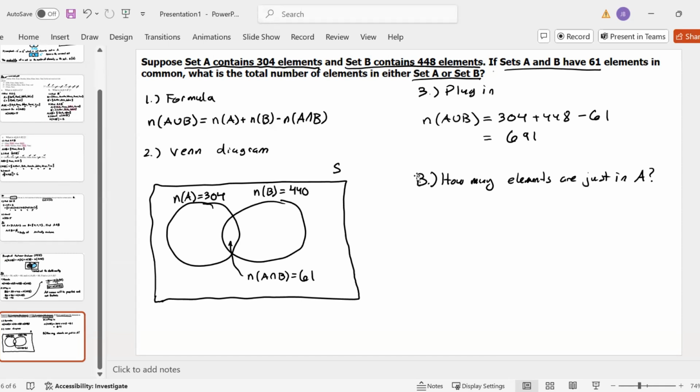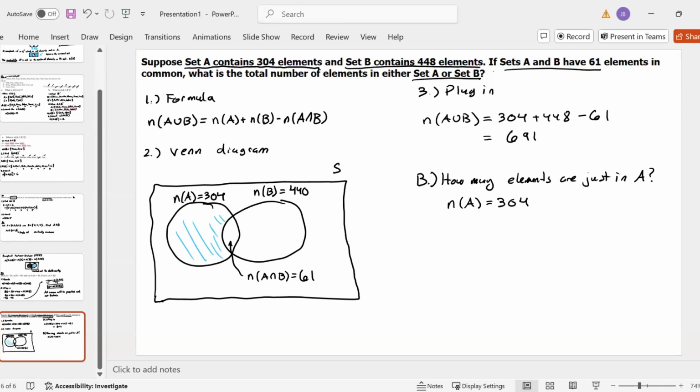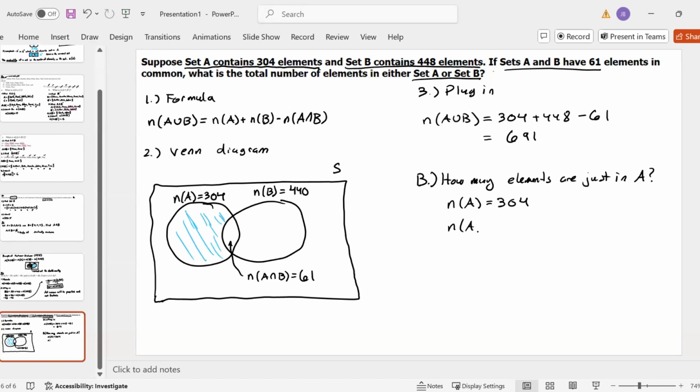Well, I know that the cardinality of A is equal to 304, right? But that's the entire circle. If I want to know just A, so this part of the circle, I would have to subtract out where they overlap. So the shared elements is equal to 61.